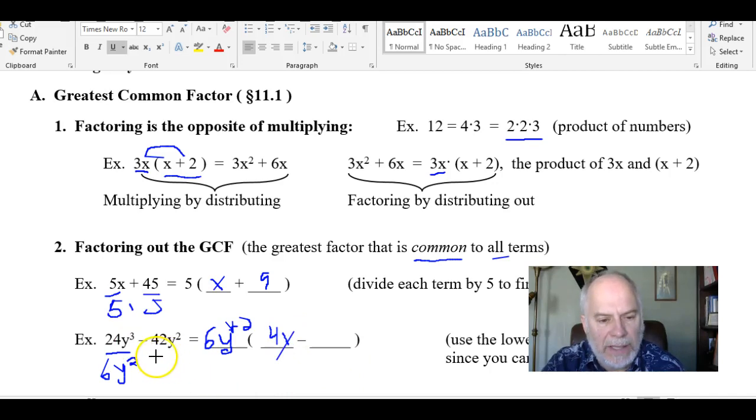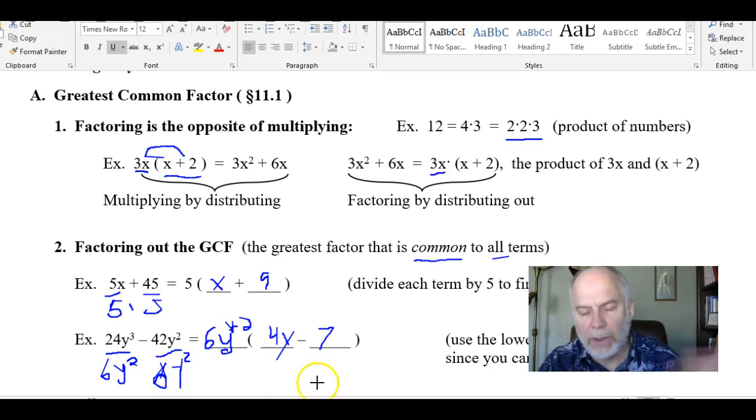And then if I divide this second term by 6y squared, and I can't write it, but 6y squared, this would give us -7, and y squared divided by y squared would just be no y's at all. So it would just be 6y squared times parentheses 4y minus 7.